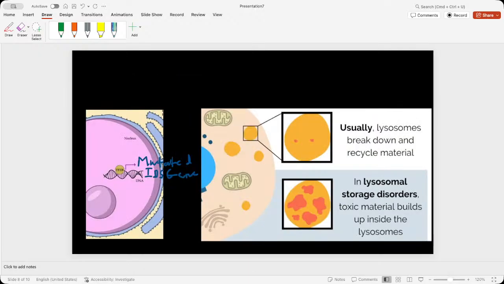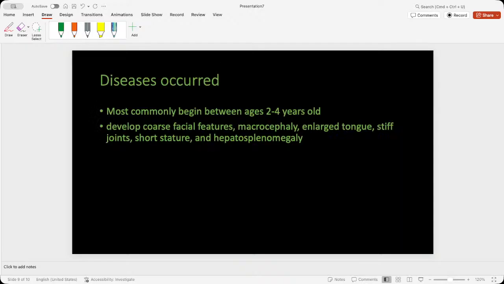So, in lysosomal storage disorders, toxic materials can build up inside the lysosomes. This is going to lead to coarse facial features like macrocephaly, enlarged tongue, stiff joints, short stature, and hepatosplenomegaly, and those things start to occur from a very young age and progress as you get older.